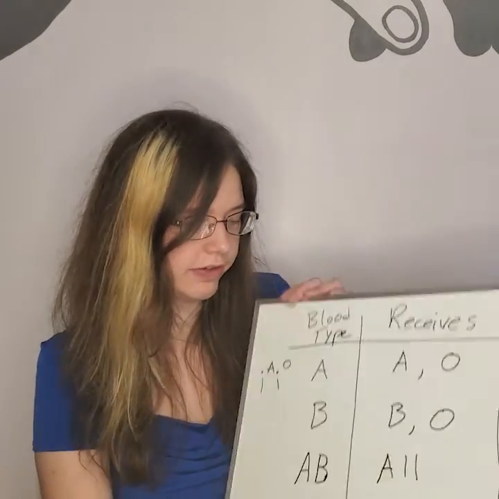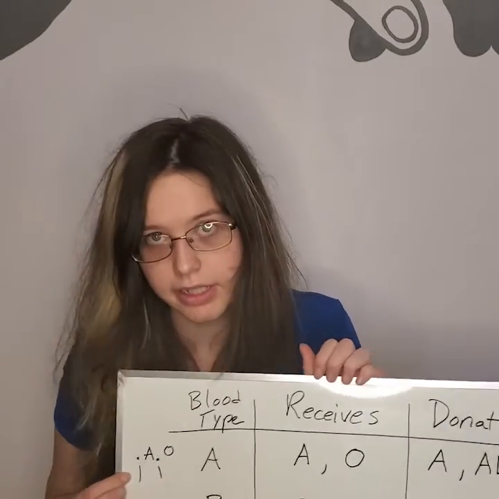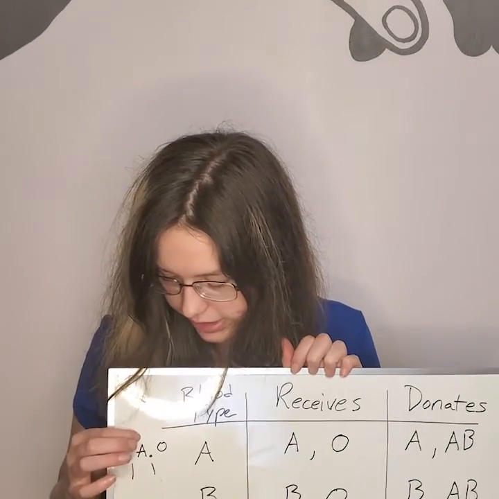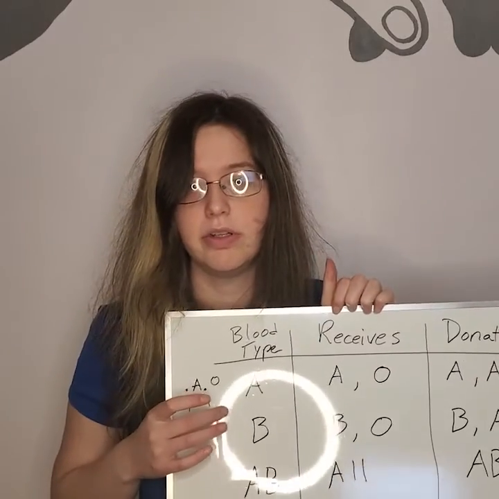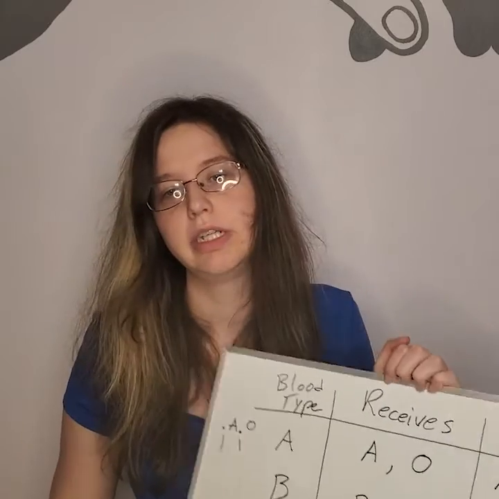The alleles are typically written for Punnett squares using the notation little I with the A, B, or O as a superscript. So for example here, little I and a big A, and little O, or little I and a little O. So A and B are capitalized, O is lowercase.